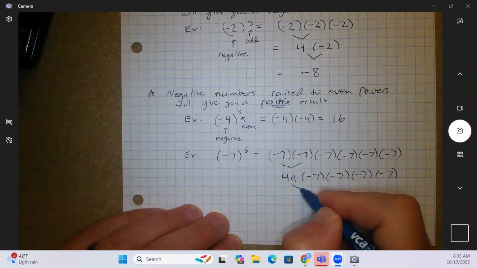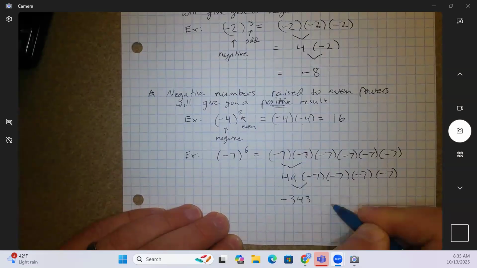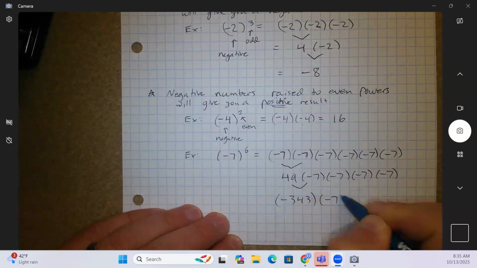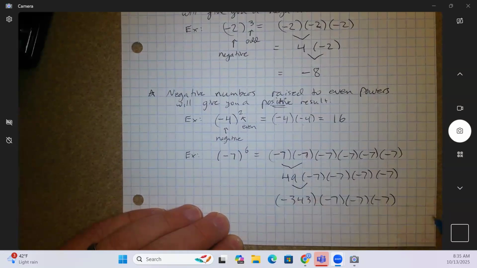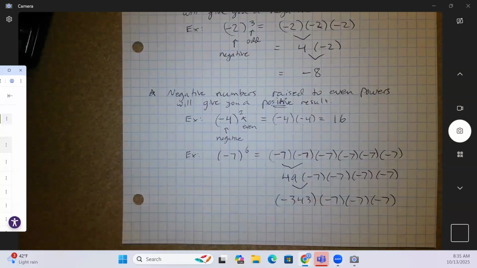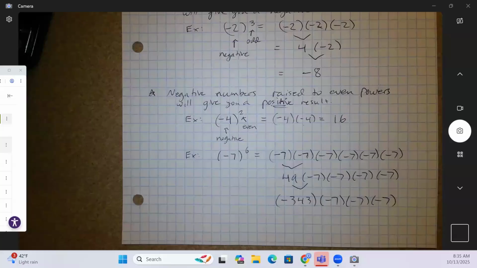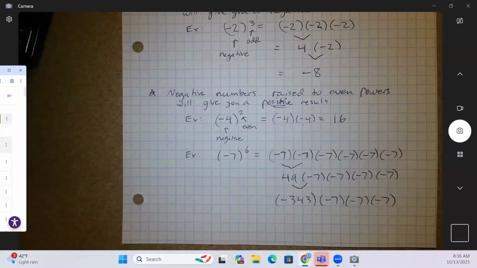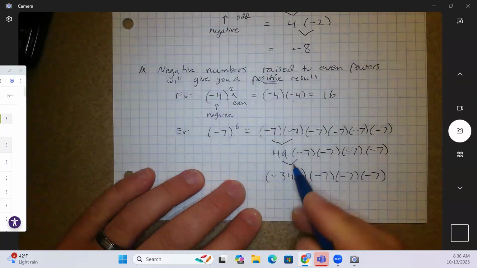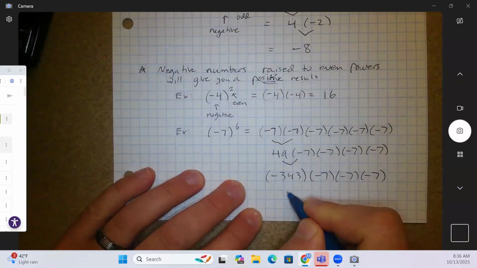Times -7 is negative 343. Multiply that again. I'm going to get negative times a negative, which is a positive 2401.